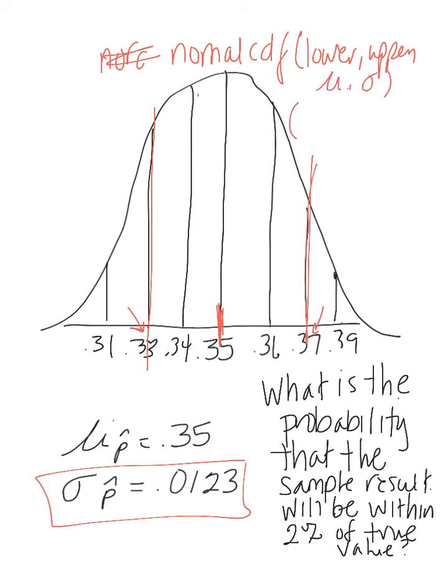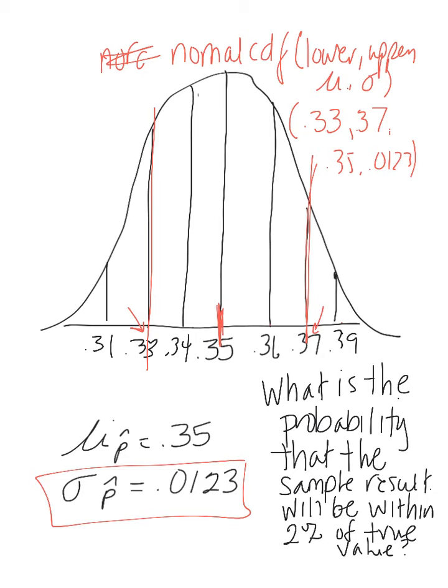So you would put normal CDF. Your lower boundary would be 0.33 because that's 0.02 away from the mean. Upper boundary would be 0.37 because that's 0.02 away from the mean. And then you'd give the mean of 0.35 and your standard deviation of 0.0123.